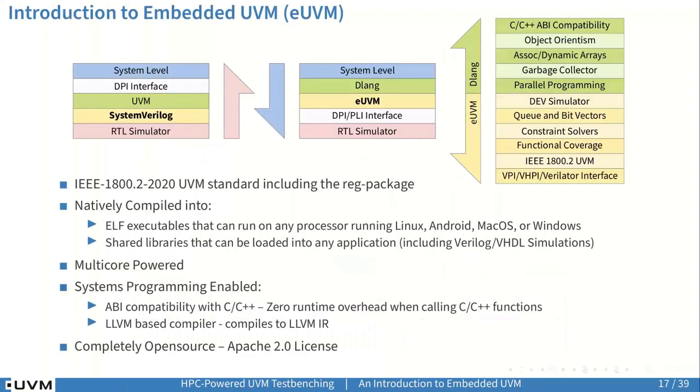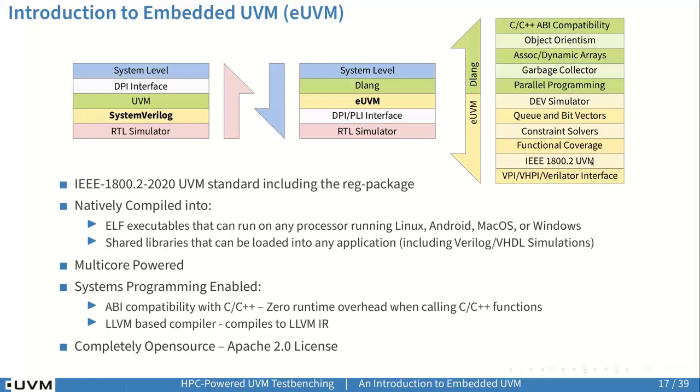So overall, Embedded UVM is built on top of the D language. We get certain features because we built it on top of D language, so these features are implicitly there in D. Then we built a discrete event simulator on top of that. And we built queues and bit vectors, constraint solvers, functional coverage.